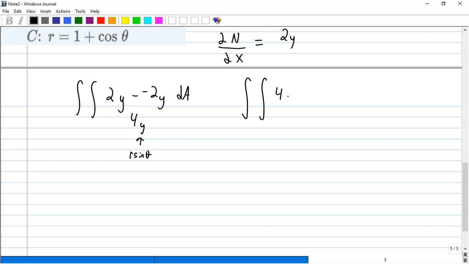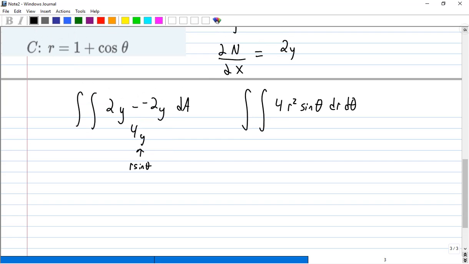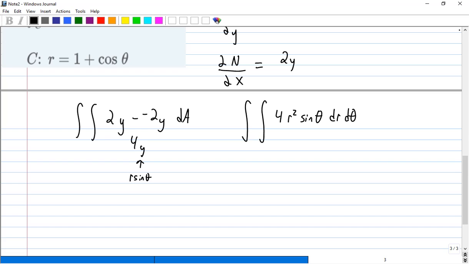So that's going to be 4r squared sine theta dr d theta. What are my boundaries for r? Look, r equals 1 plus cosine theta. So 0 to 1 plus cosine theta.